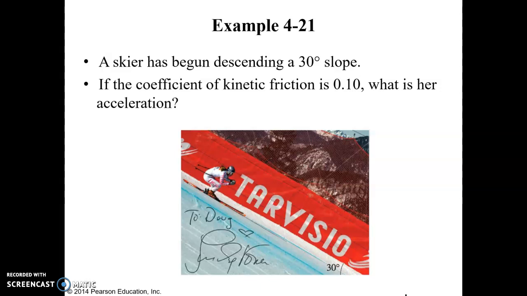So the skier is going downhill, and the slope makes a 30-degree angle. And the coefficient of kinetic friction between the skis and the snow is pretty small, but it is present, and the coefficient is 0.10. We want to know what is the skier's acceleration.